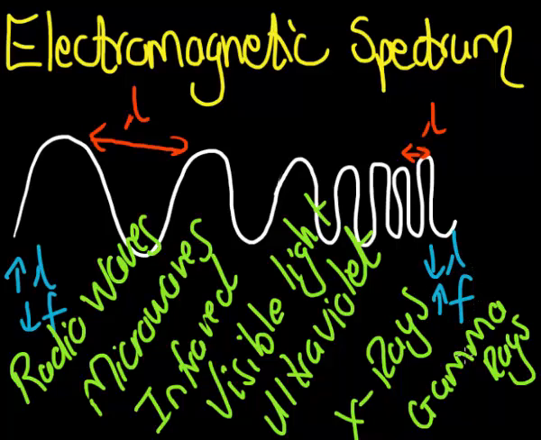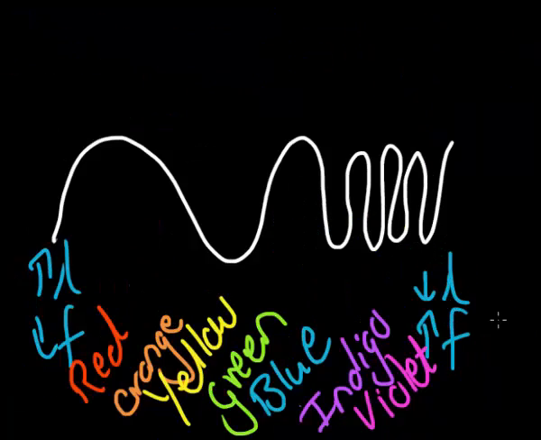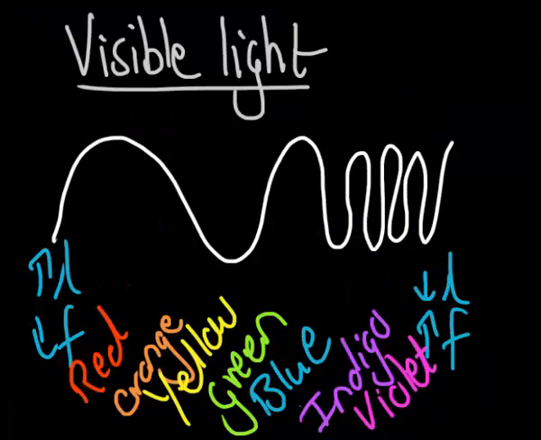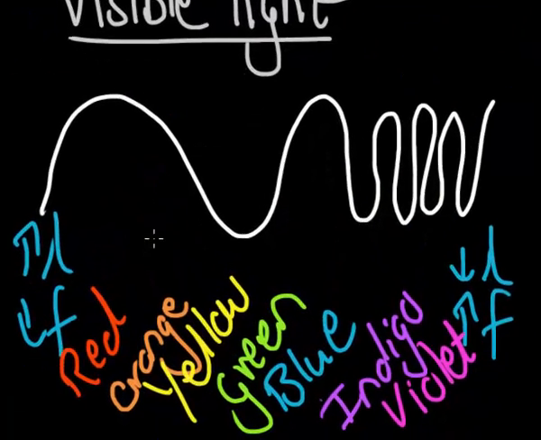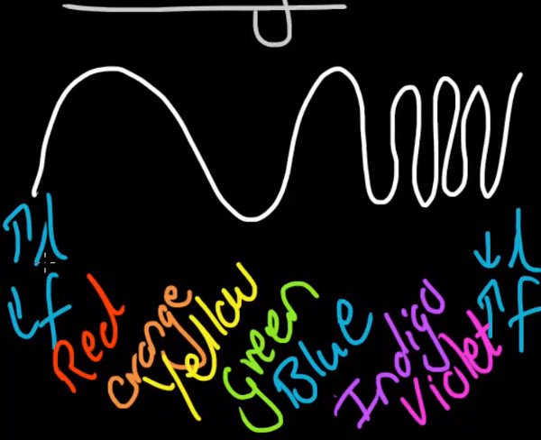So if I want to make sure that I will have electrons being emitted from the metal surface, I need to pick an energy range on my electromagnetic spectrum that will actually be able to do so. Now your visible light part starts with red, the one with the longer wavelength, going over to orange, yellow, green, blue, indigo and violet, which has a lower wavelength but a greater frequency.